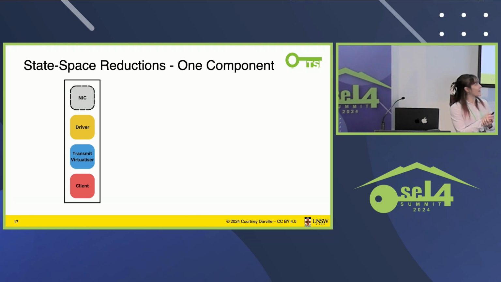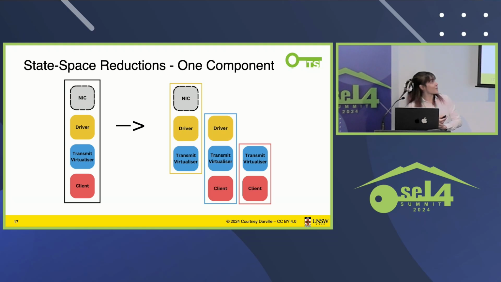So how we did this was to take as accurate a model as possible of each component, but for the neighbors of that component, we only modeled the interaction that the neighbors had with the component to verify accurately, and the neighbors' interaction with their neighbors was a non-deterministic insertion and removal of packets. Now with this, we were finally able to have a result for each component in the subsystem.